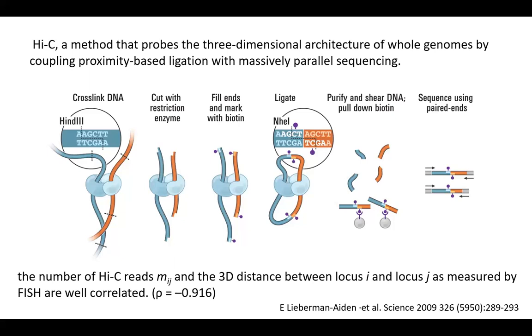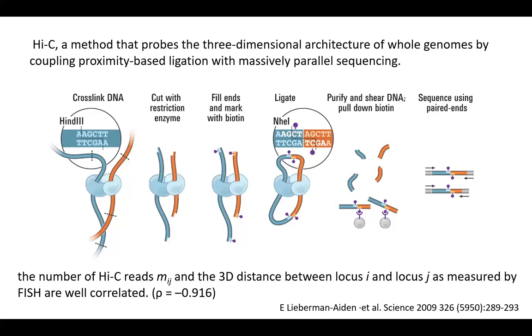And when it does that, any DNA that is next to it will be fixed together. And then you cut the DNA into pieces and tag them with certain marks. And then you use ligating enzymes to connect them together. So initially, this DNA is part of different parts of the chromosomes, but they're just physically close to each other.